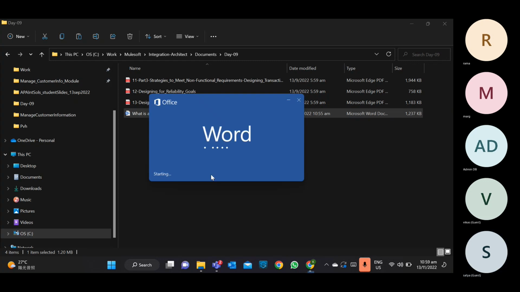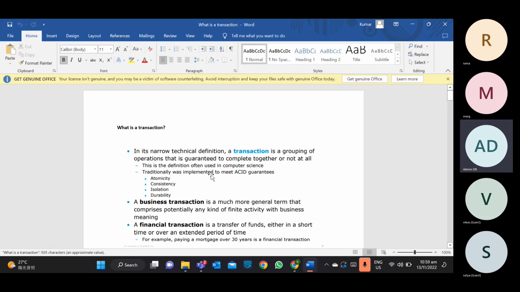Yes. This process, in the same way, we have the capability in MuleSoft also. If we are doing two or more write operations, in a bank transaction the first write operation is deducting the amount from the sender.